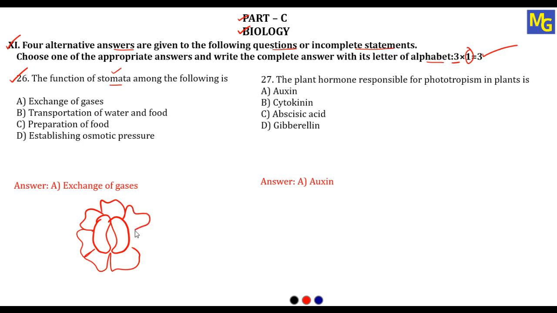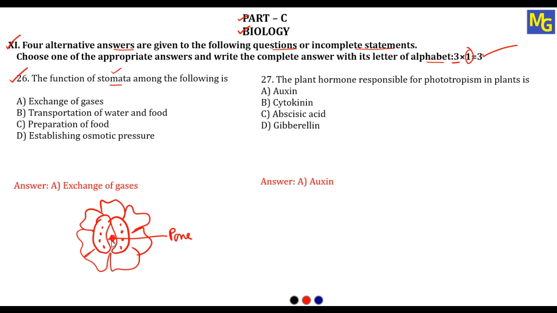You can see this pore which is present at the center. This is called a stomatal pore. This stomatal pore sometimes remains open and sometimes remains closed, and that is adjusted by these guard cells. So guard cells are responsible for closing and opening of this pore.